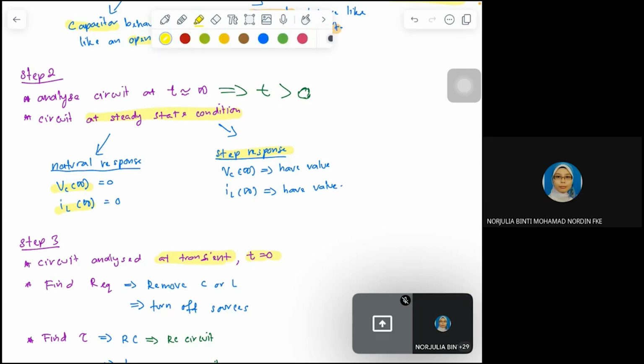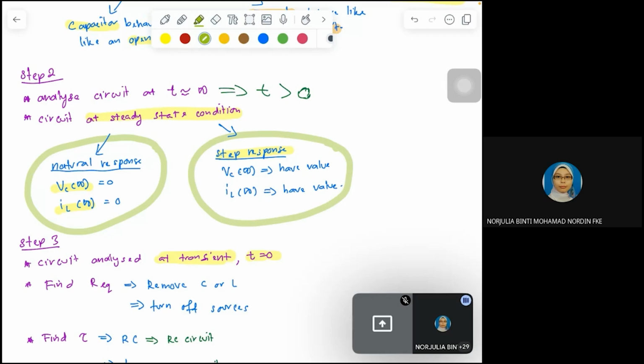At step two, you can have two types of condition. The first one is a natural response, where, as I mentioned earlier, your circuit is no longer connected to the sources. The other type is a step response, where your circuit after 0 seconds is connected to the sources, whether current or voltage.